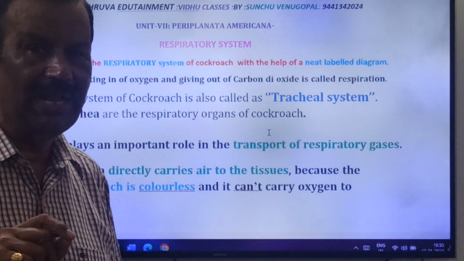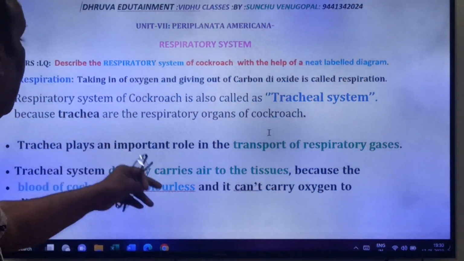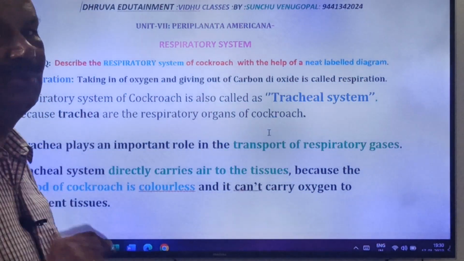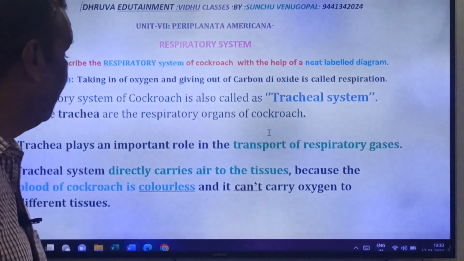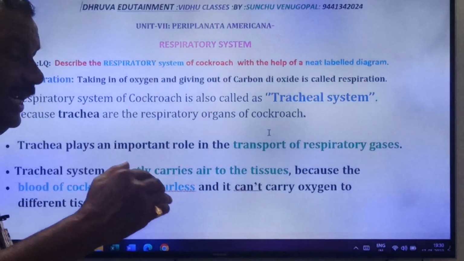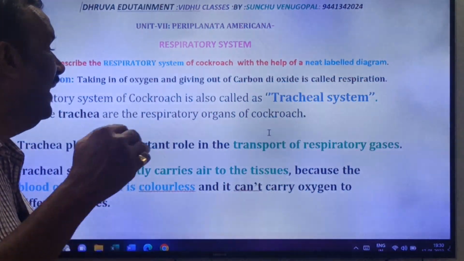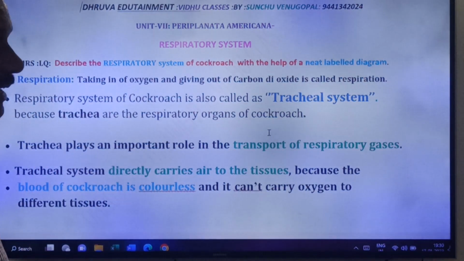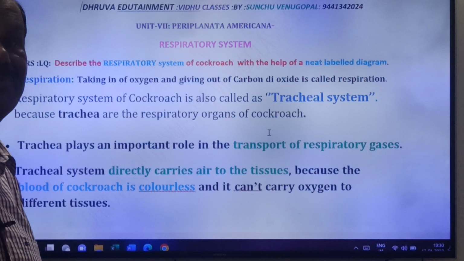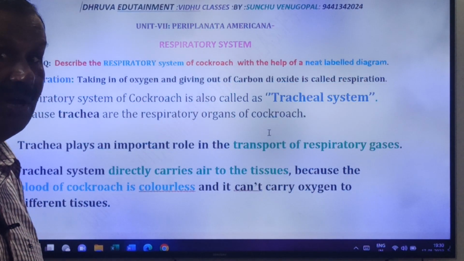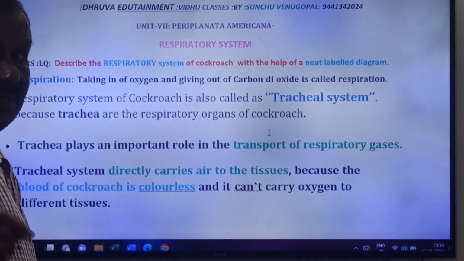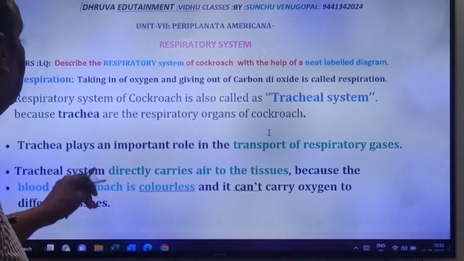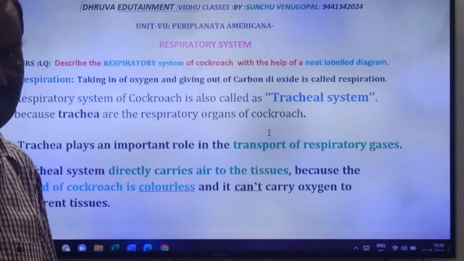So because of that, what happened, friends? This trachea plays an important role in the transport of respiratory gases. See, friends, the tracheal system directly carries air to the tissues, because the blood of cockroach is colorless and it can't carry oxygen to different tissues.